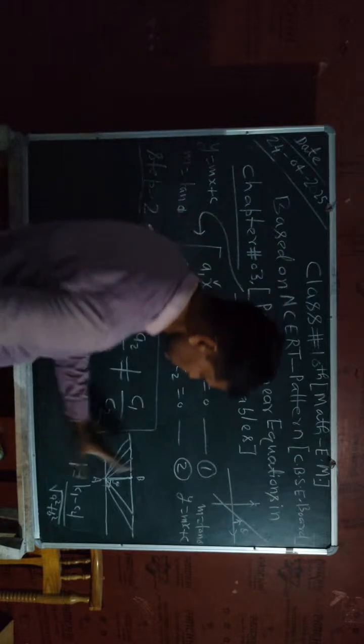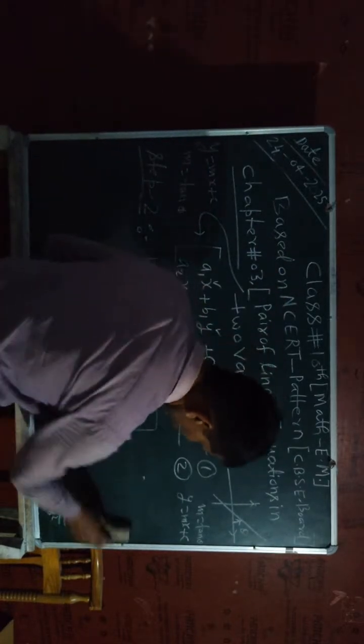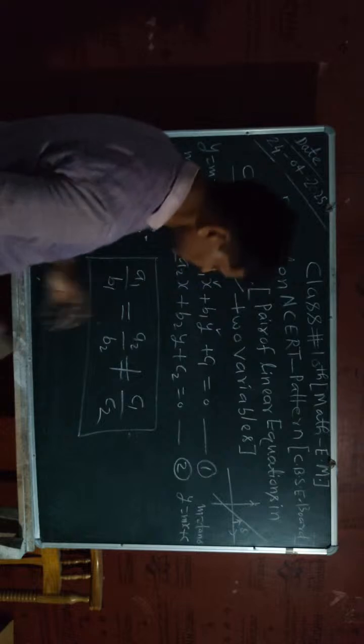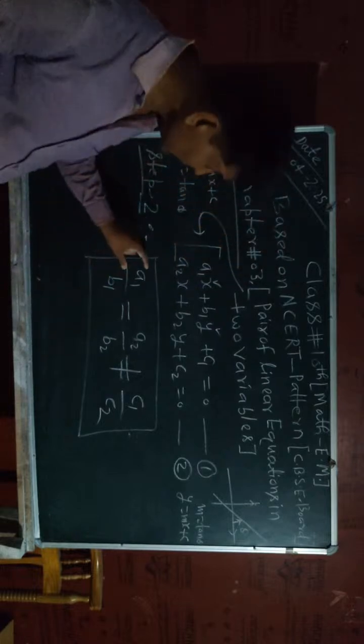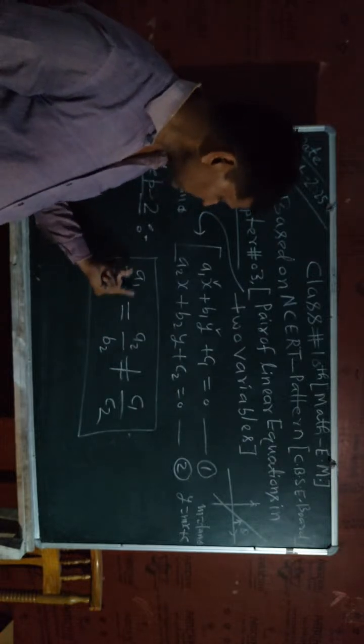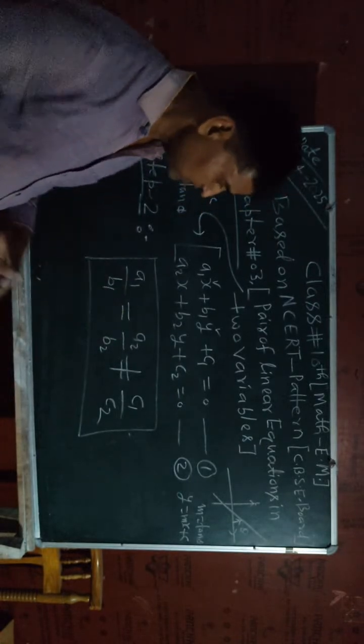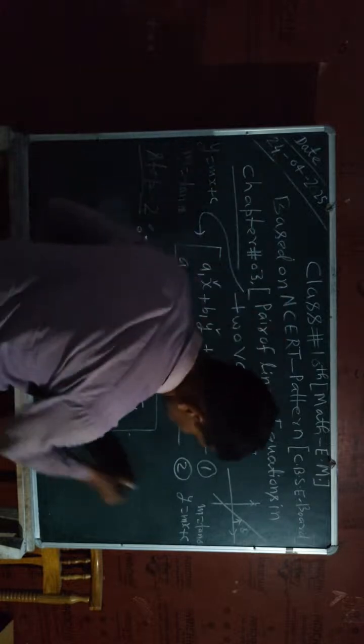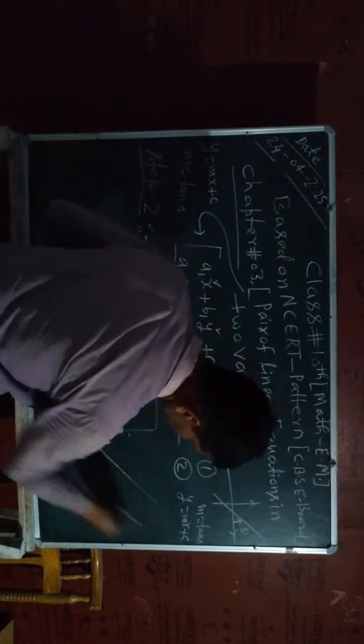Okay, student. So this one I am going to erase and I am going to explain this concept. So this is the slope of the first line and this is the slope of the second line. The slopes of the first line and the second line are equal. It means that both lines are parallel to each other. One line is like this and the other line will be this.